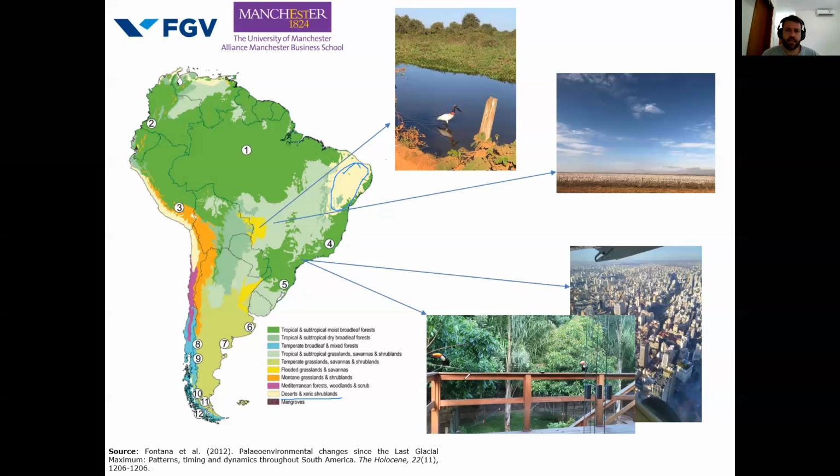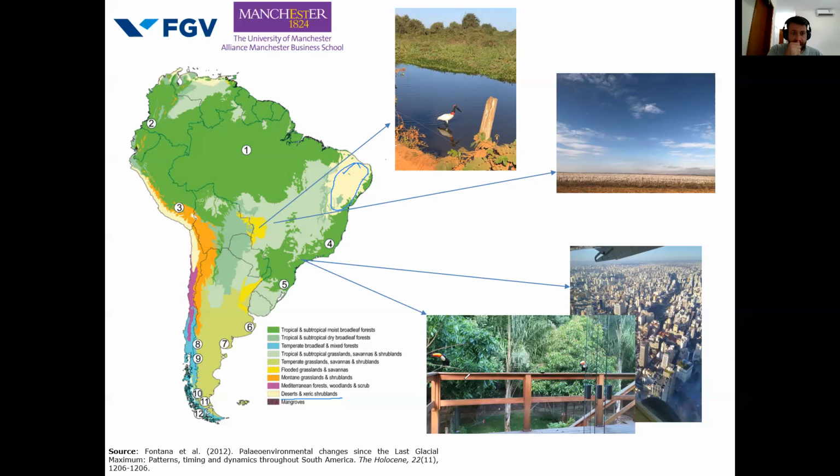Okay, and with a quality of soil not that good for agriculture. We used to say the physical characteristics of the soil are not that good for agriculture, mostly large scale agriculture.